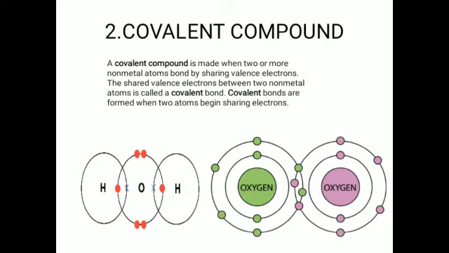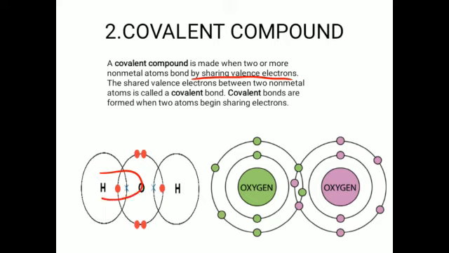When atoms combine by sharing their electron pairs, they form covalent compounds. You see, in a molecule of water, a covalent compound, when an atom of oxygen makes a bond with hydrogen atoms, this red ball is the electron of oxygen which is shared with the hydrogen atom, shown with a blue cross.